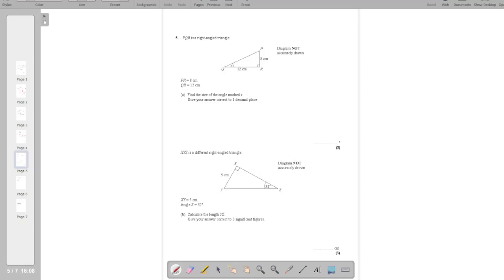Question 5. PQR is a right angle, PR is 8, QR is 12. Find the size of the angle marked X. So that's the opposite. This is the adjacent. So we are going to use tan because TOA. Tan X is equal to 8 over 12.